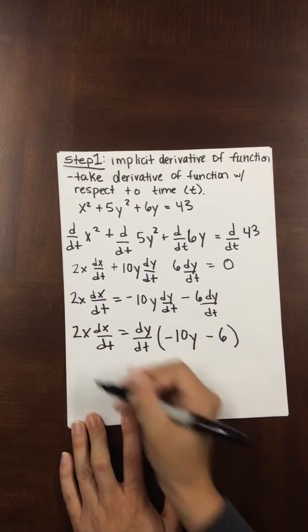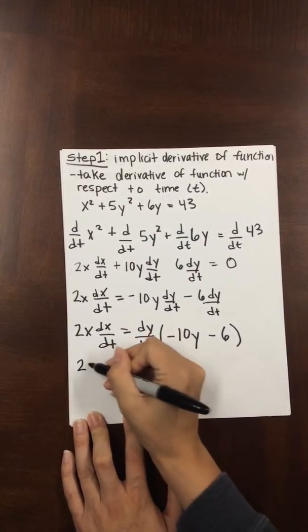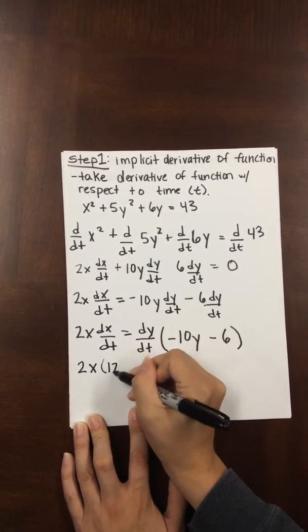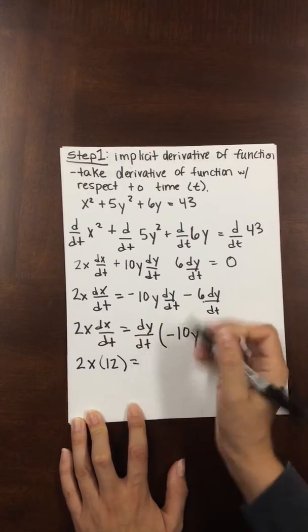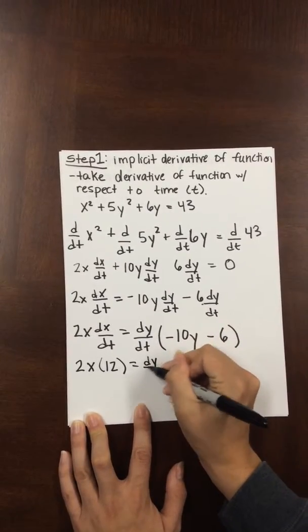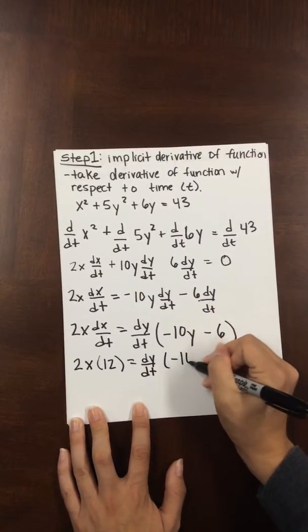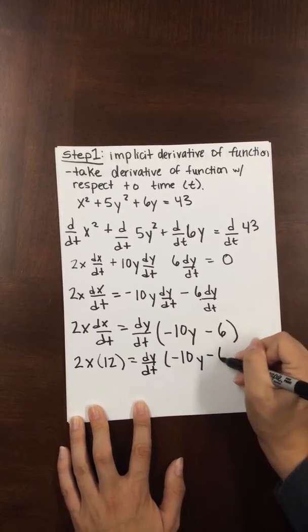Rewriting this once more: 2x times 12 equal to dy/dt times negative 10y minus 6.